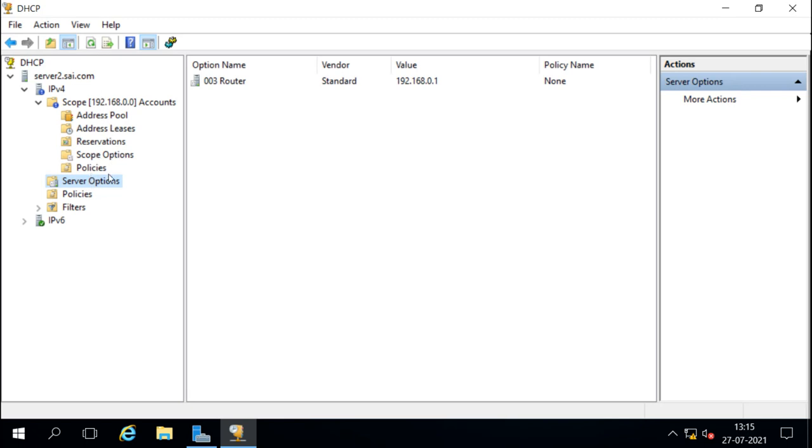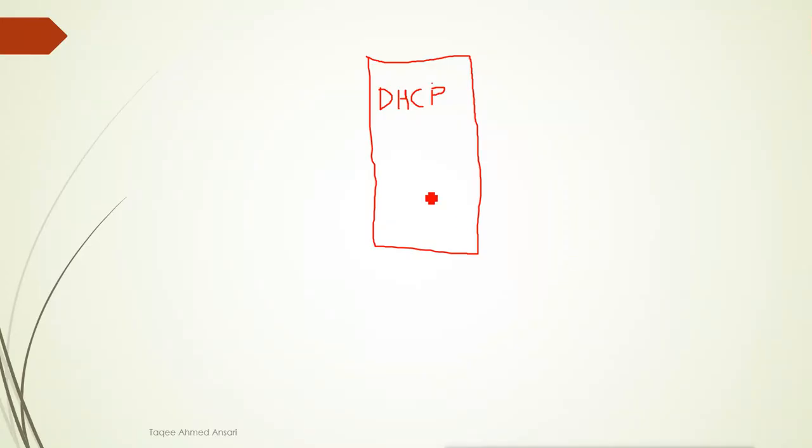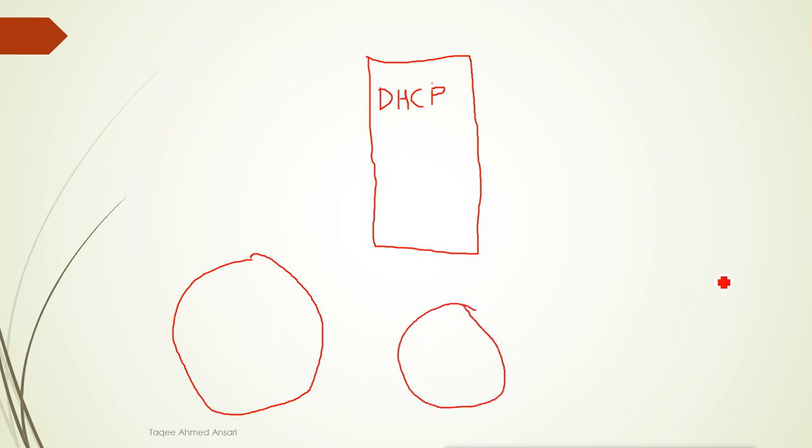For example, we have 4 scopes here. We have configured 4 scopes. For example, this is our DHCP server, and maybe in our network we have different subnets. We have done the subnetting. This is our subnet 1, this is our subnet 2, and this is our subnet 3.